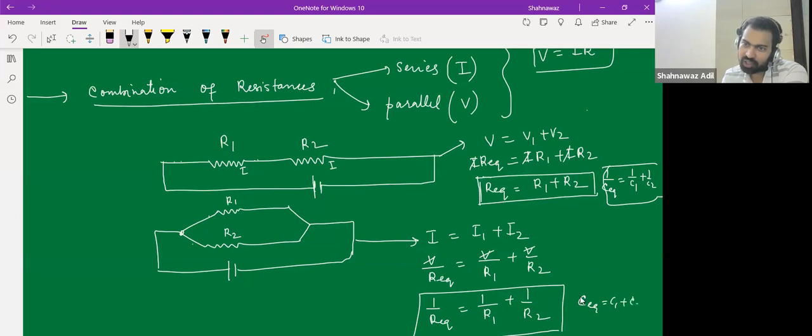You see that for resistance, it is almost the opposite, right? Good. So quickly note it down, then we'll do some questions, and then we'll start with power and EMF.